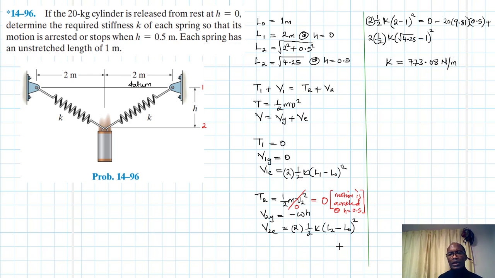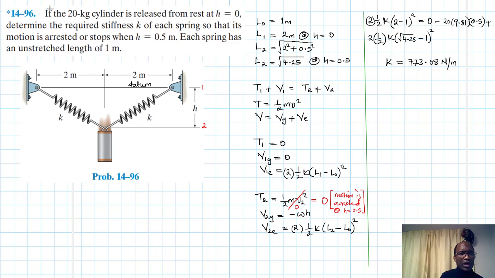Let me check it once more. So the square root of 4.25, minus 1, squared, minus 1, and we divide 20 times 9.81 times 0.5 by that answer, giving 773.08.